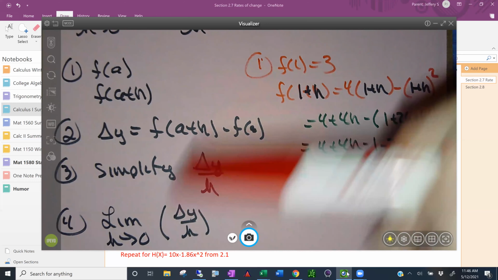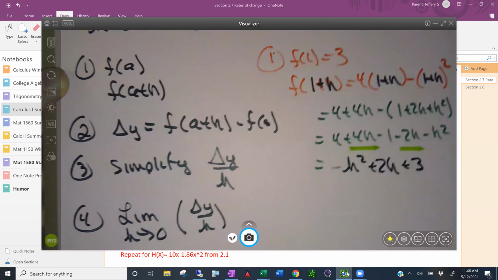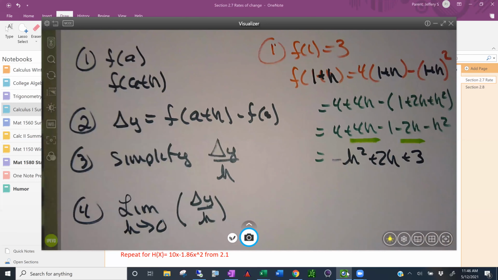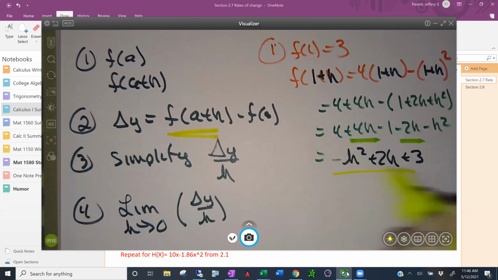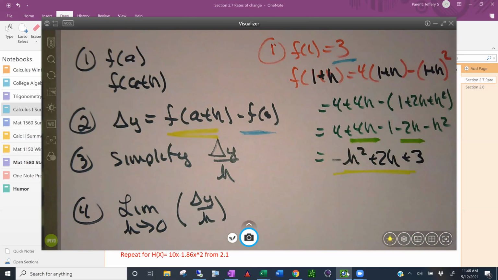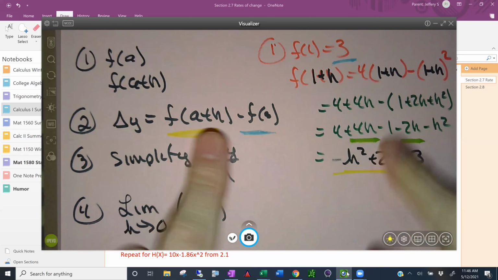So I got step 1 done. I calculated both of these. Now I want to calculate delta y, which is going to be this one here, which is that minus this one, which is just this. So I got to calculate this minus this.